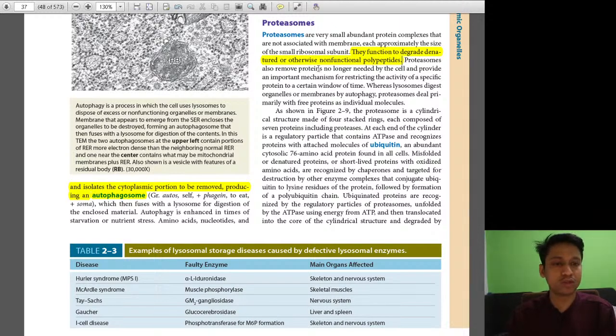Proteasomes also remove proteins no longer needed by the cell and provide an important mechanism for restricting their activity.